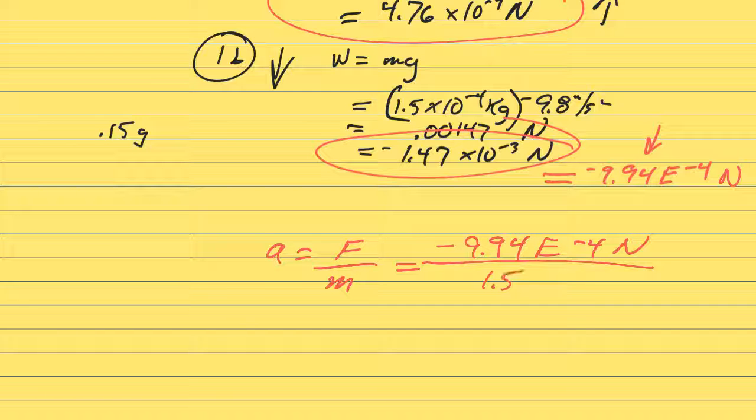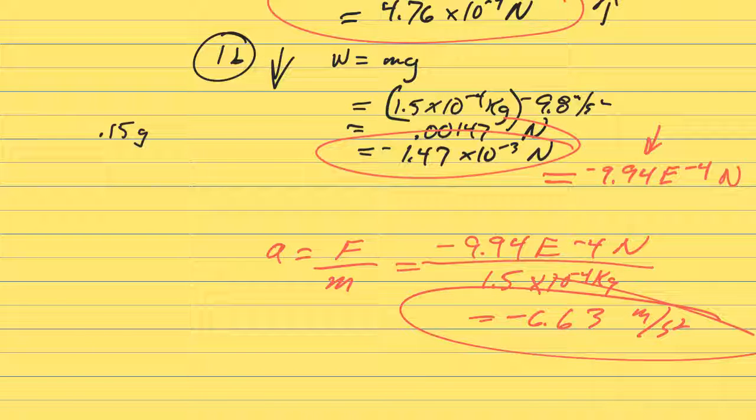Wasn't it 1.5 times 10 to the negative 4 kilograms? Let's throw that in our calculator. 1.5 EE negative 4. So I divide that out and I get negative 6.6, I don't know, 3 if you want to play along, meters per second squared.